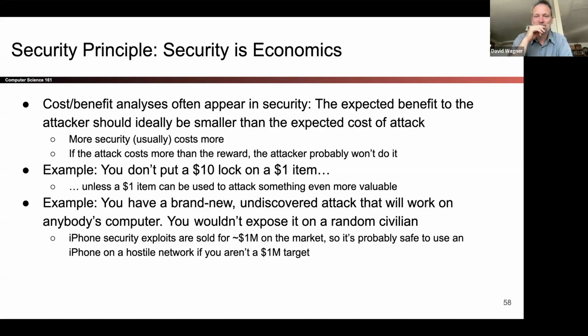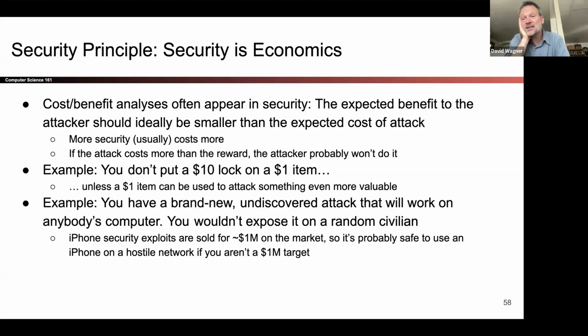So for example, these kinds of iPhone security exploits, it's hard to tell, but it seems like there's an underground market where they sell for over $1 million. If you find such a vulnerability and you fully work out an exploit, then you can sell it to companies that do this kind of surveillance work with national security agencies for over $1 million.